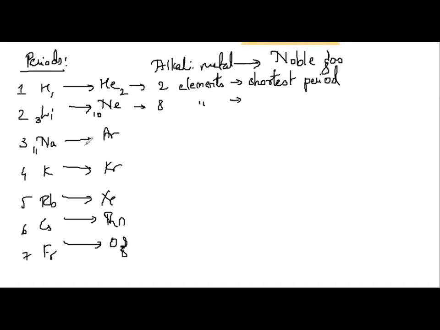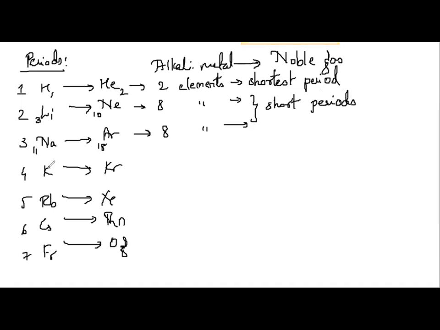Even sodium 11 to argon 18 also has 8 elements. So the second period, starting with lithium and ending with neon, and the third period, starting with sodium and ending with argon, have 8 elements each, and therefore these two are called short periods.